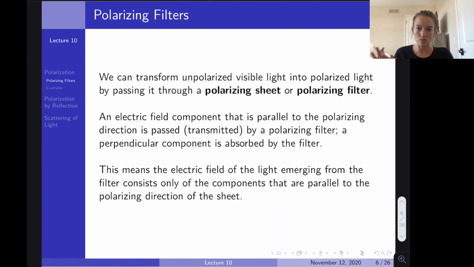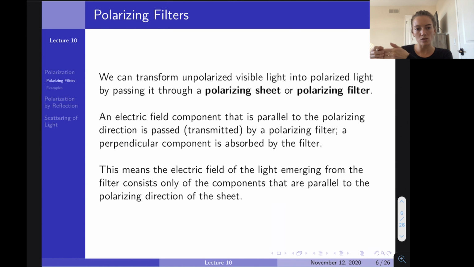We're not going to get into how they polarize things, but it is basically a transparent sheet that only allows certain components of the electric field to pass through. If you have a sheet that has vertical lines going down, only the components of the electric field in that vertical direction will be able to pass through, and everything else will get blocked. Obviously we'll see pictures of this in a second.